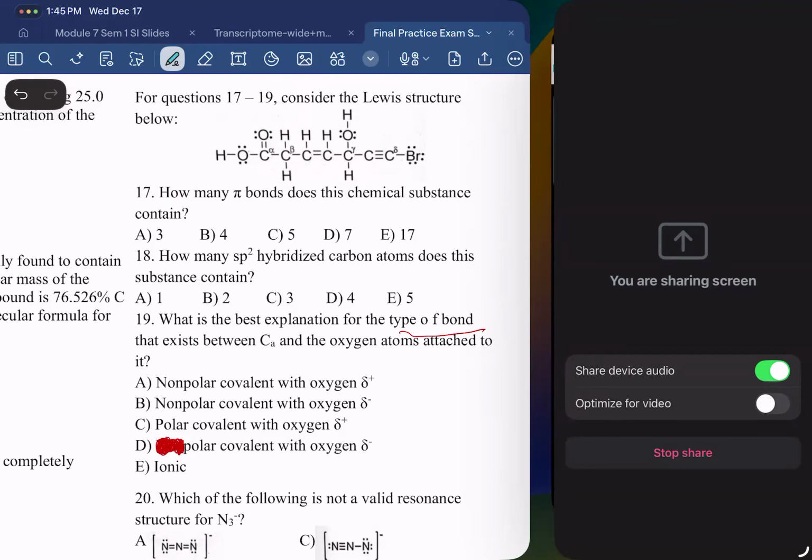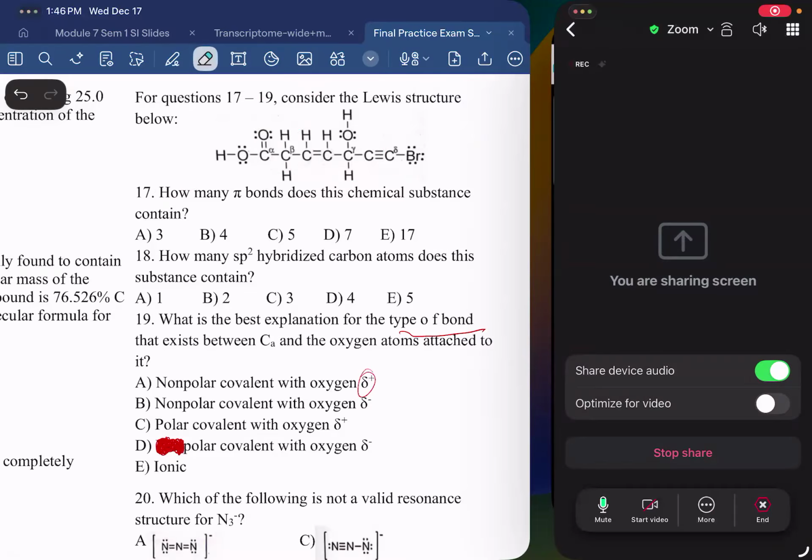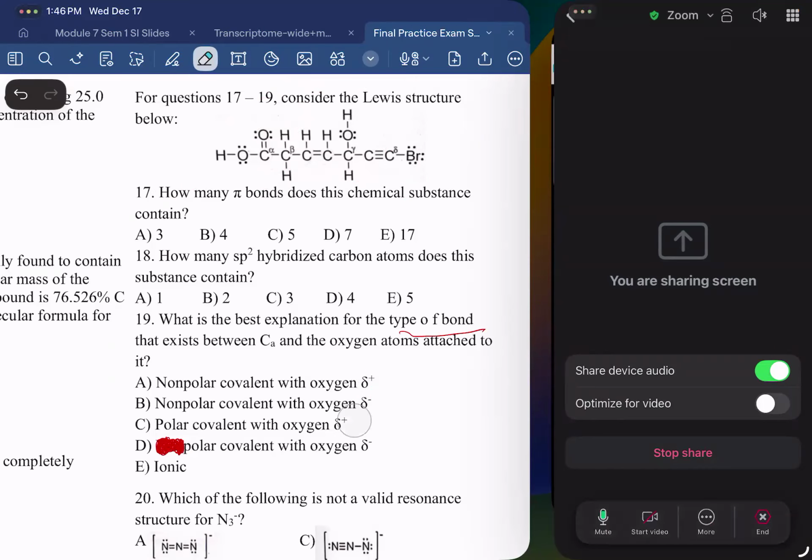I'm annoyed that he used this kind of symbol without explaining what it is, so I'm going to explain it.